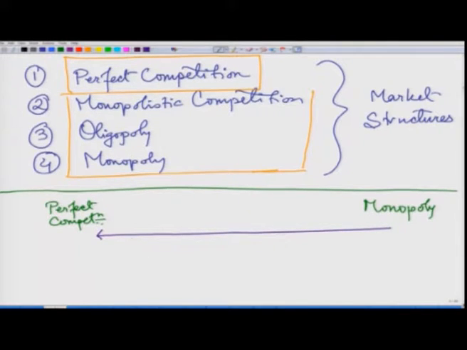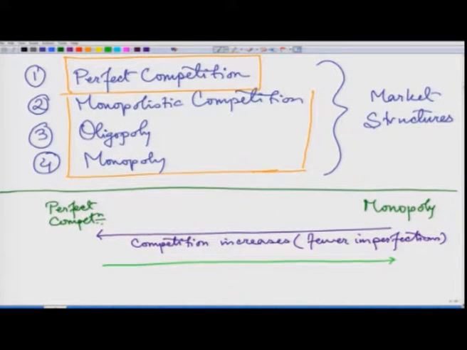Competition increases towards this side, with fewer imperfections, and from this side to this side we have less competition and a greater degree of imperfection.